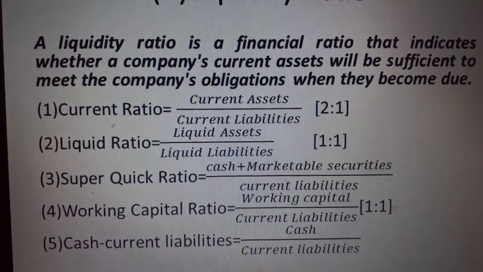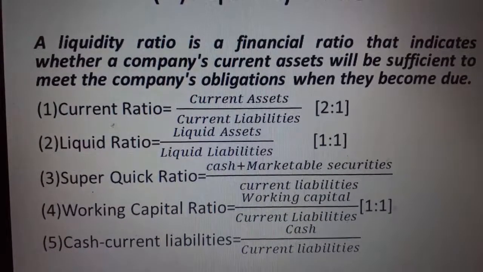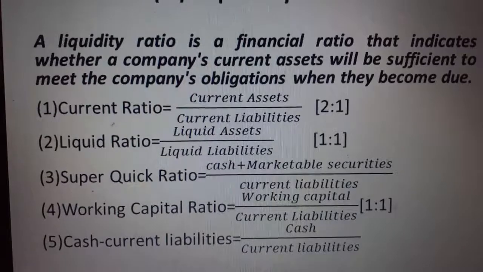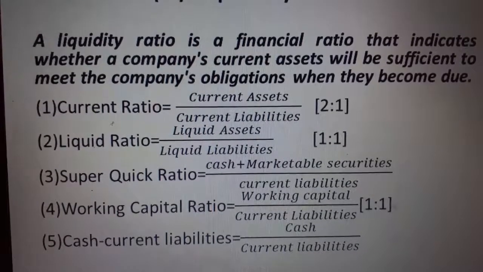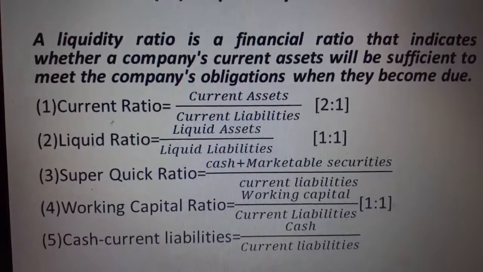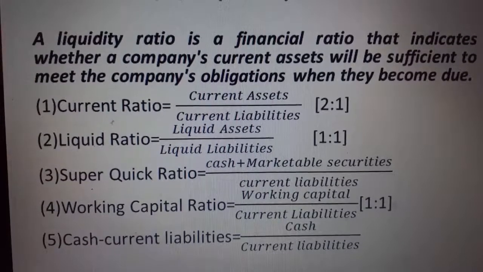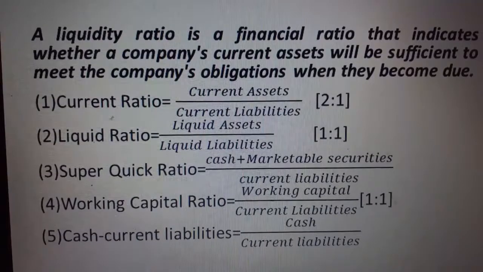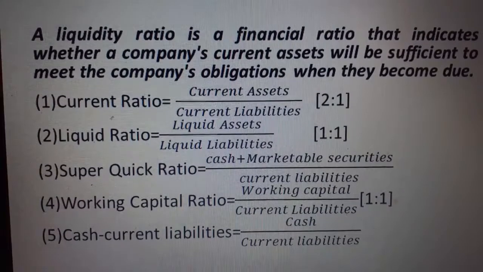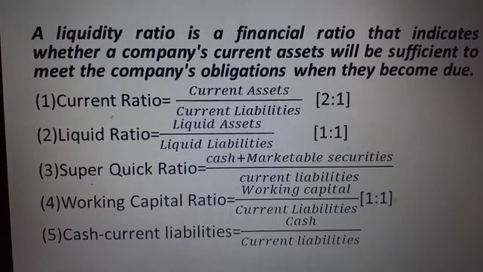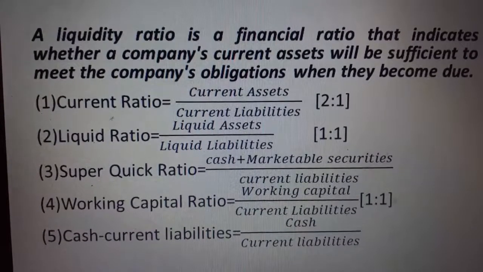Here there are 5 forms of liquidity ratio. Number 1, current ratio. Number 2, liquidity ratio, then super quick ratio, working capital ratio, and cash current liabilities ratio. Here current ratio is a popular ratio, current assets by current liabilities, and the standard is 2:1.